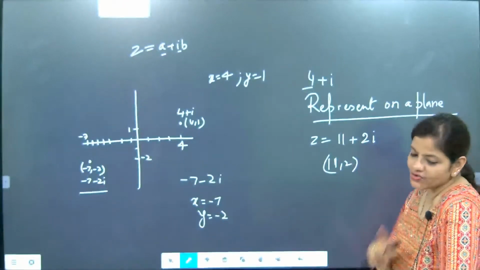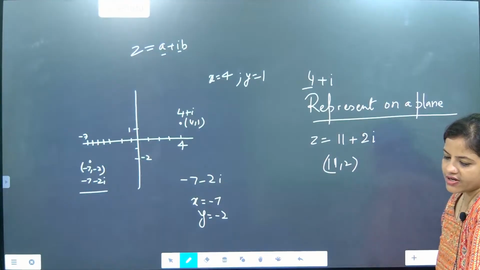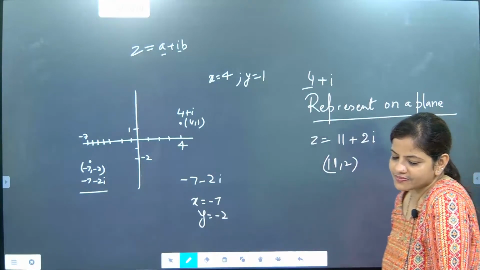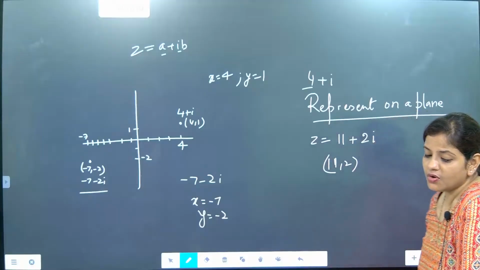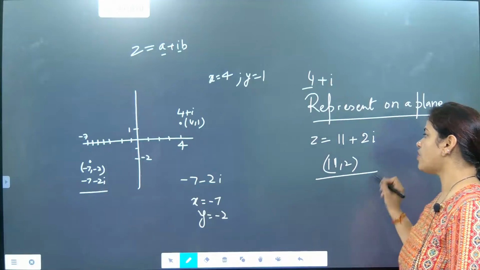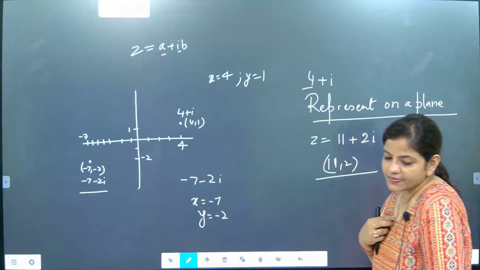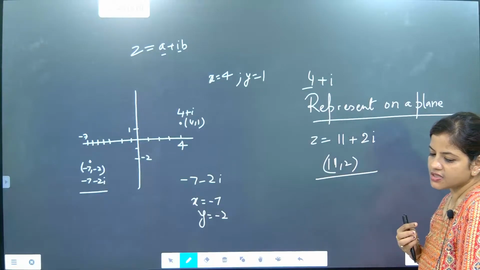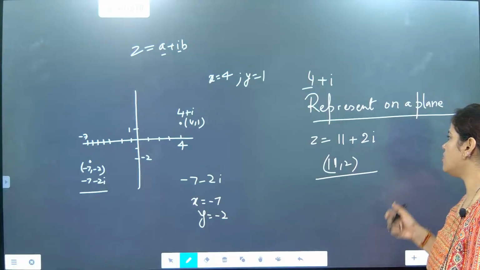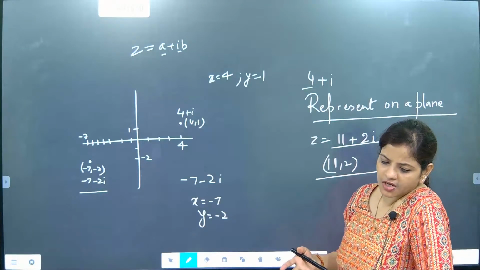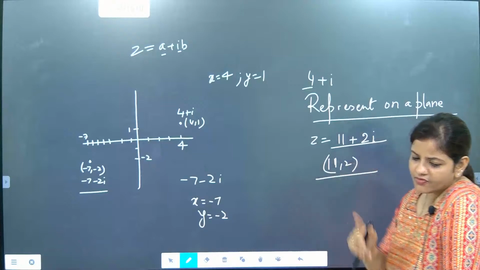This is the first quadrant. Okay. So when you write (11, 2), both x and y are positive, so it will come in the first quadrant.